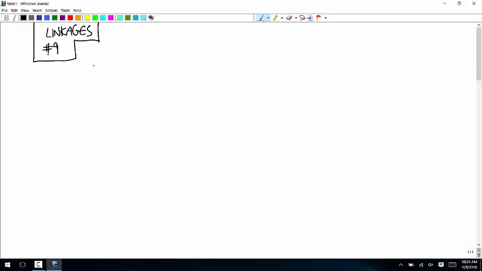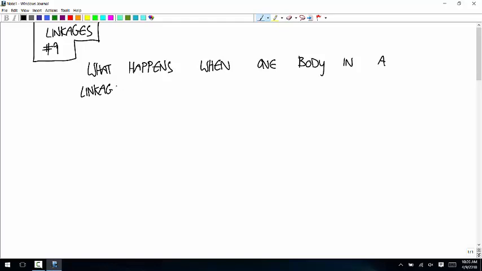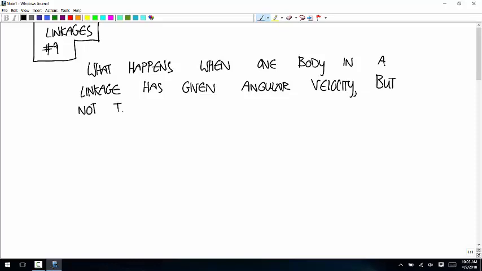Basically, what happens when one body in a linkage has a given angular velocity but not the others?